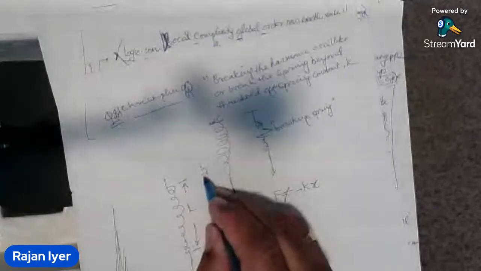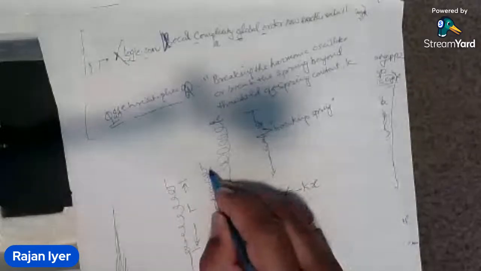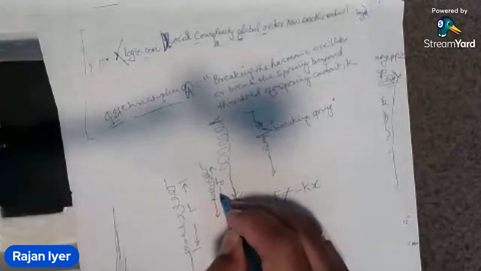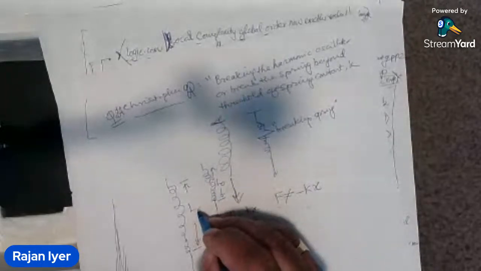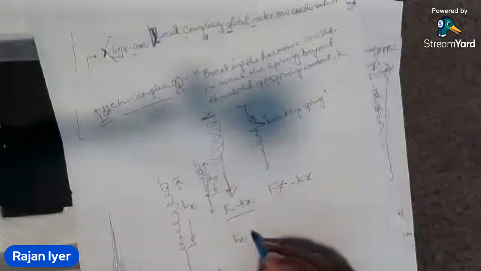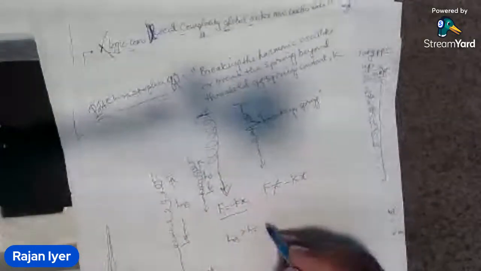It will again go back to my normal situation. So this is the L0, original, and this is the stretched or expanded. So Le is greater than L0 due to weight W.